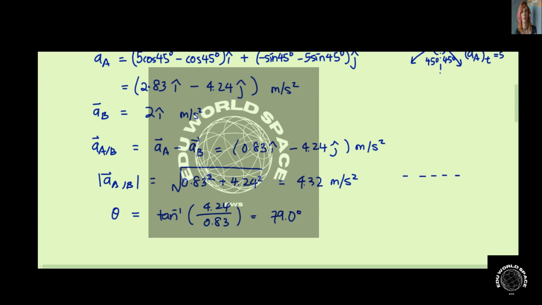So this is the relative acceleration of A with respect to B, and this angle is 79.0 degrees. This is the magnitude of the relative acceleration, and this is the direction of the relative acceleration. Okay, and that's all.